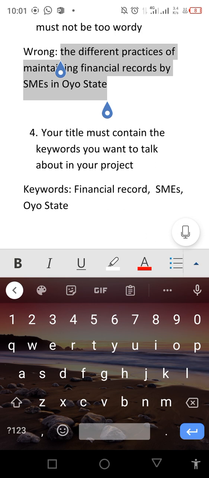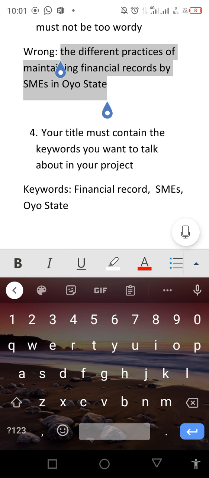It reveals everything I want to research. Number two, it's too wordy. It doesn't even look like a title. It looks as if I'm writing a sentence. People will ask, is this a title? I do not think this is a title. Like I said the other time, it will be easy for them to know that this person does not know anything about project writing or article writing.